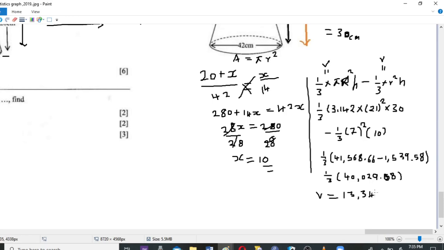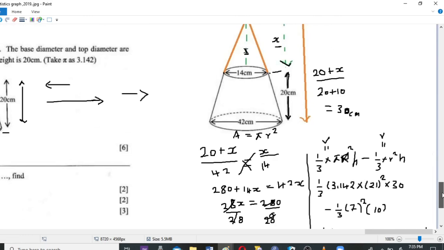Now this will be 0.02. We can just make it 0.3 because we are told to leave the answer in 2 decimal places, right? So this is how we calculate the volume of the frustum which we are given.